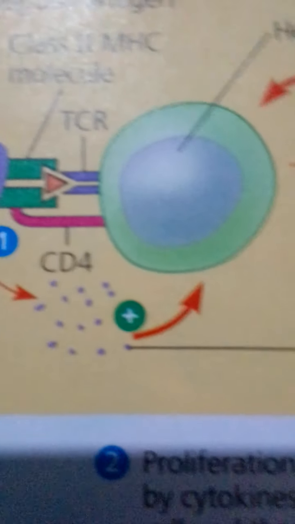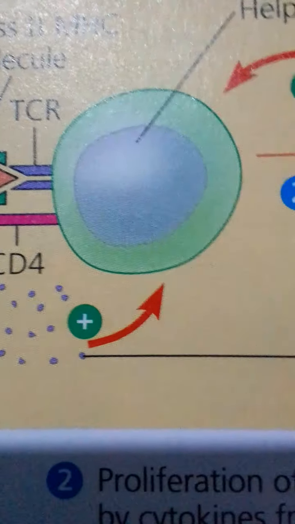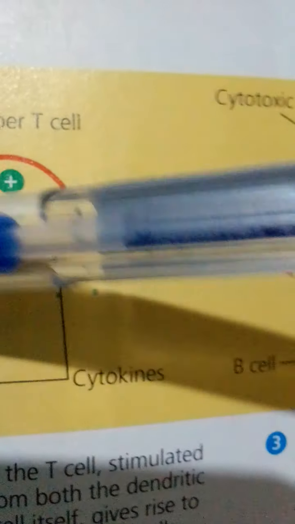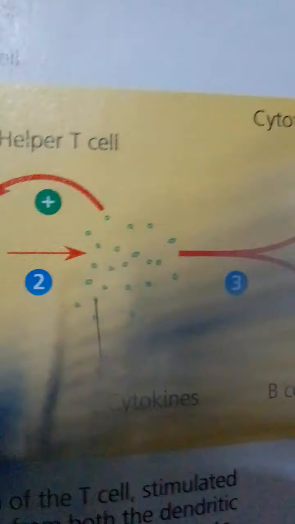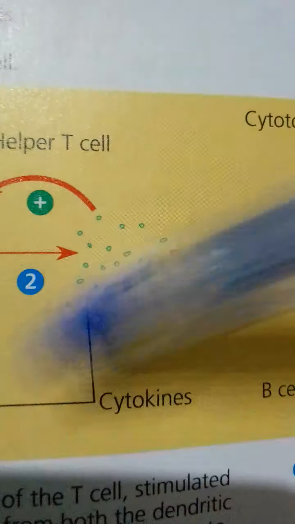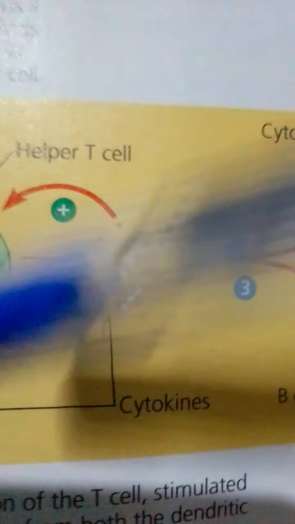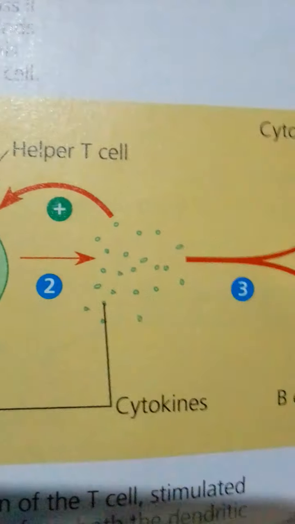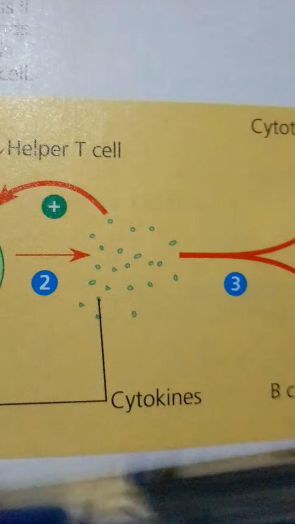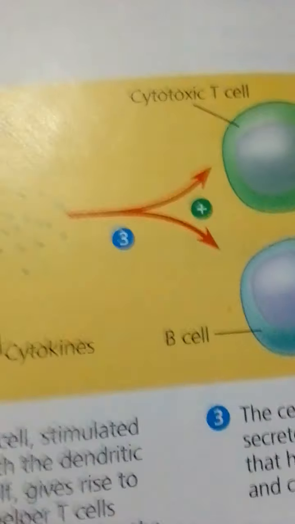This interaction promotes secretion of cytokines by the dendritic cell. Notice also the proliferation of the T cell, stimulated by cytokines from both the dendritic cell and the T cell itself, gives rise to a clone of activated helper T cells, not shown here, all with receptors for the same MHC-antigen complex.